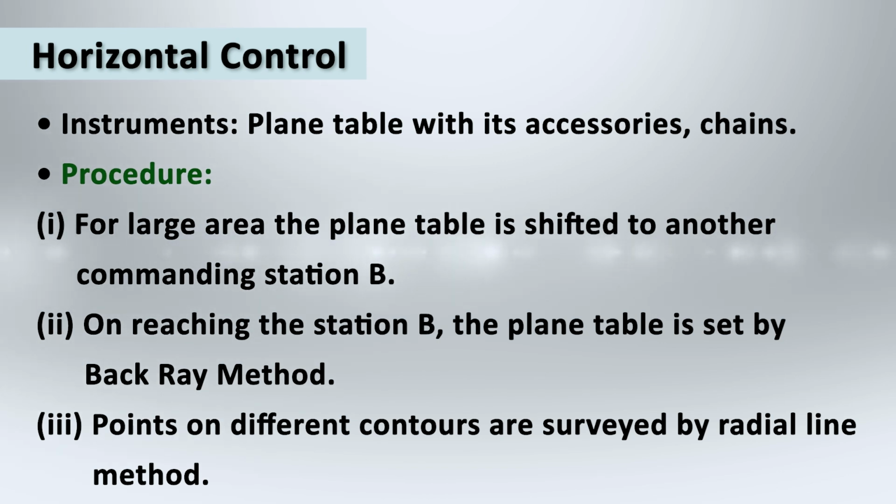If the area is large and the contour cannot be plotted from one setting, the plane table is shifted to another commanding station B, to which a long radial line AB is drawn. On reaching the station B, the plane table is set by back ray method and the measured distance between the two stations is plotted on the scale of the plane table section.